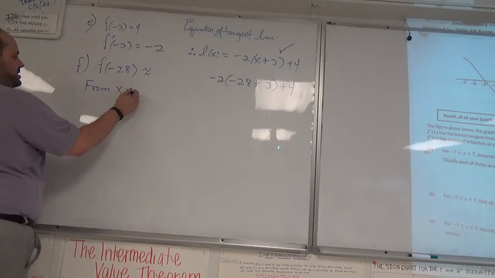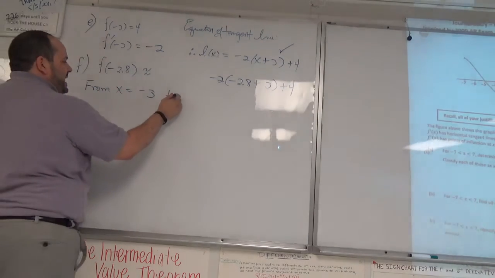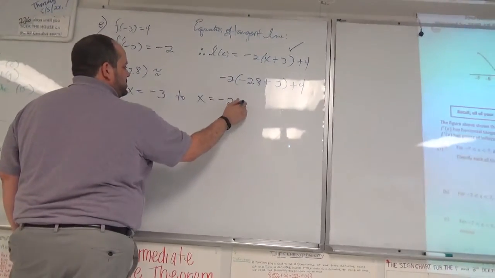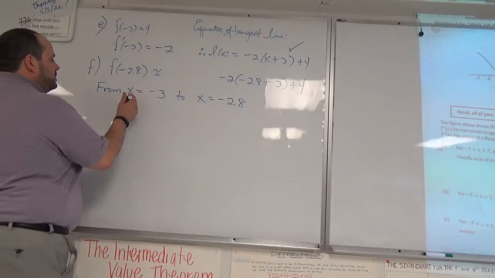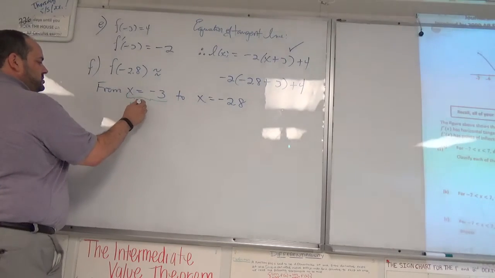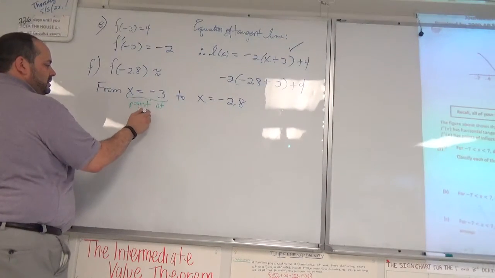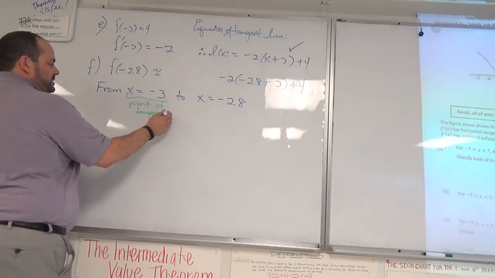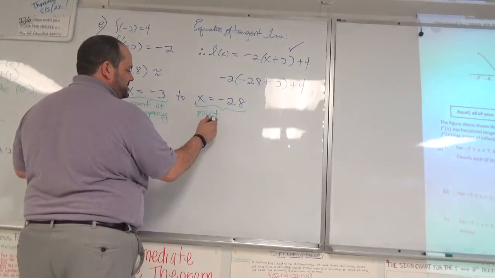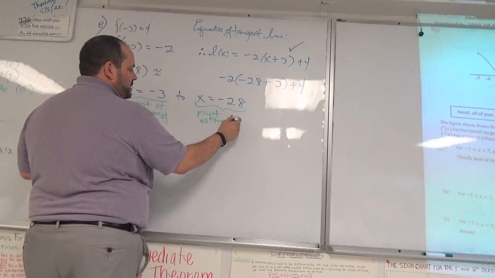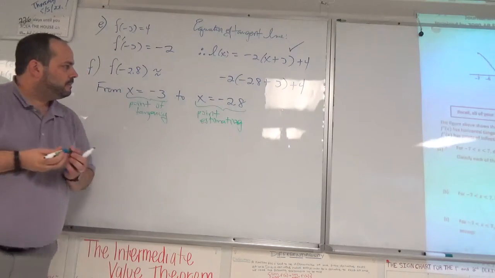So you're going to start your sentence this way: from x equals negative 3 to the place that I'm estimating. The negative 3 is my point of tangency. You don't have to write the part that's in green. The negative 2.8 is the point that I'm estimating. I just want to make sure you know why those are there.